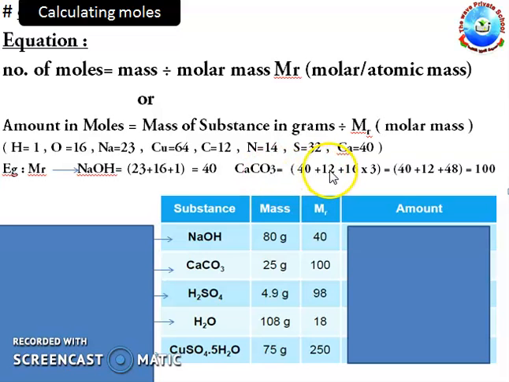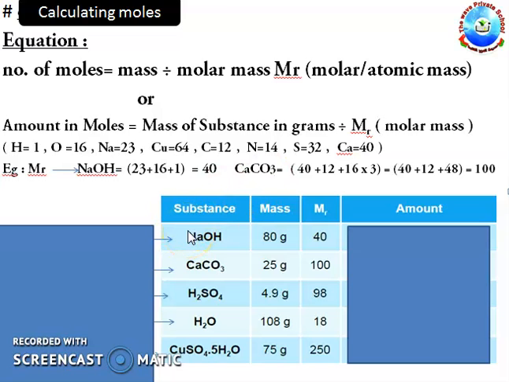So 40 plus 12 plus 16 times 3, it will be 40 plus 12 plus 48, that is 100. So got it, from where this molar mass came? These values will be given. You just have to calculate the molar mass by addition and by multiplication, if there are 3 times or 2 times present.